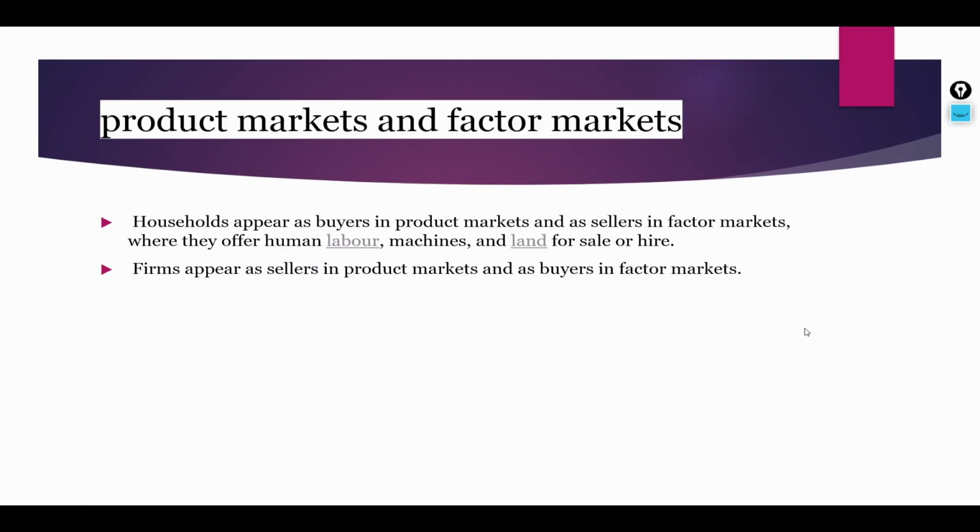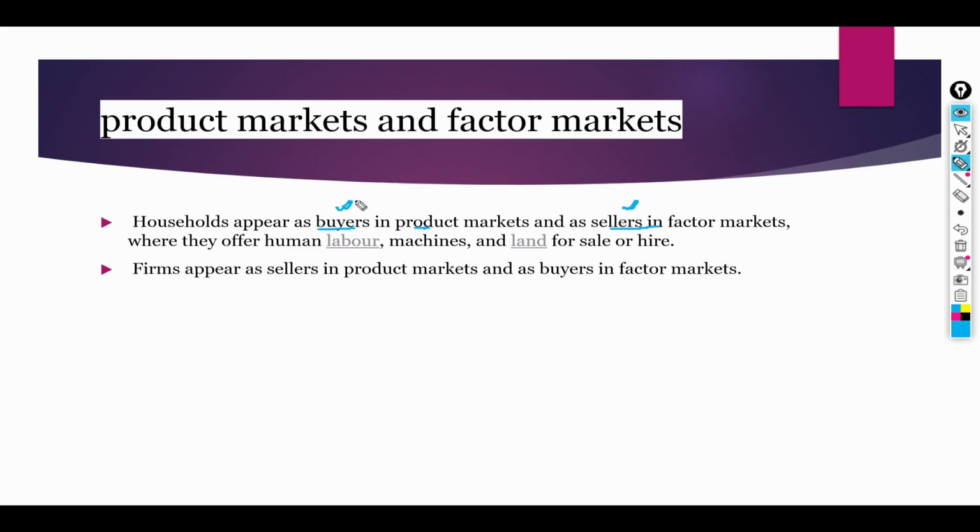Now move on to what a product market and a factor market are. Households appear as buyers in a product market and as sellers in a factor market. So in a factor market the same household appears as the seller, and in a product market the same household appears as the buyer.